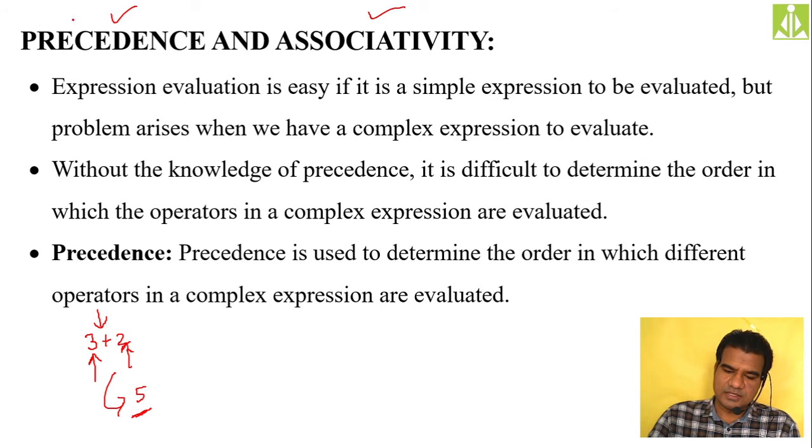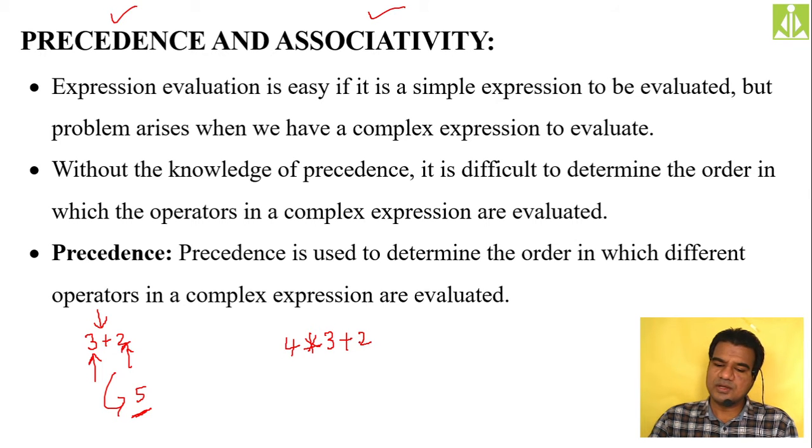We'll just put two operators to have clarity on that discussion. So I'm taking one simple expression over here. Let us say I'm writing first 4 multiplied with 3 plus 2. So like this, 4 multiplied with 3 plus 2.